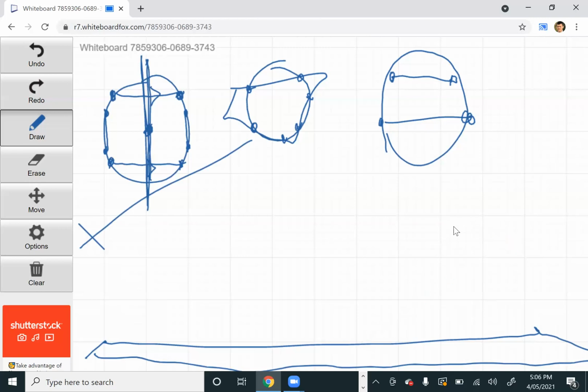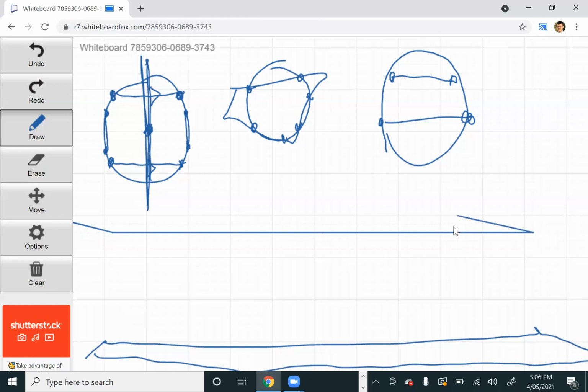Okay, so if you get a long parallelogram, well, it'd be best to put the center of the circle in the middle.